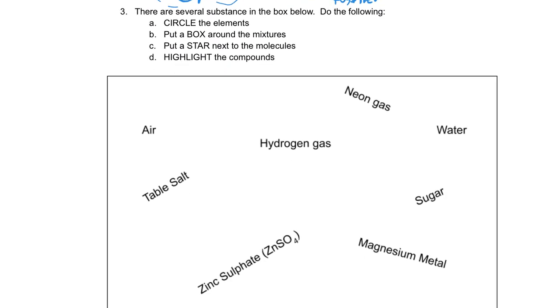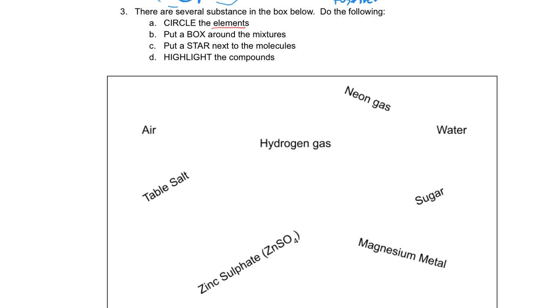So here they want us to just look at some of these and try to identify what they are, okay? So first thing it wants us to do is circle the elements. Elements are found in the periodic table. If you look at your periodic table, you should be able to find out which of these are on there, right? Table salt is not an element. It's not on there.